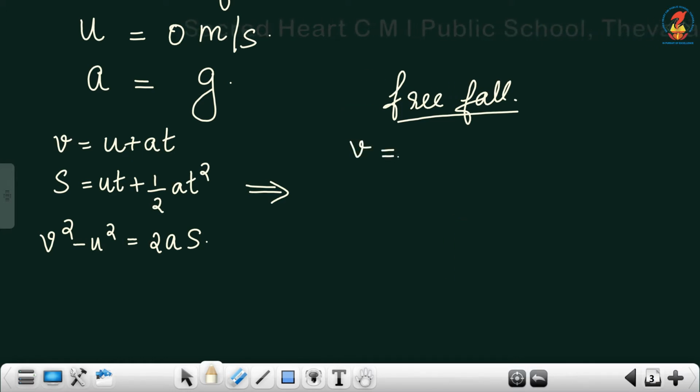The first equation becomes v = u + at. Since the body is under free fall, a is equal to the acceleration due to gravity, and since the body is falling down, its velocity increases and hence g will have a positive value. So, instead of a, substitute g.